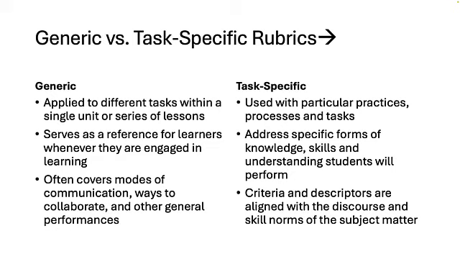Oftentimes, we have kids talk and speak in ways that aren't aligned to how we deliver information in our subject matter. It is completely okay to have kids speak in their first language, speak informally. We encourage that, especially when they're learning the task, learning the content, learning the performances, right? Learning the epistemic practices, if you will.